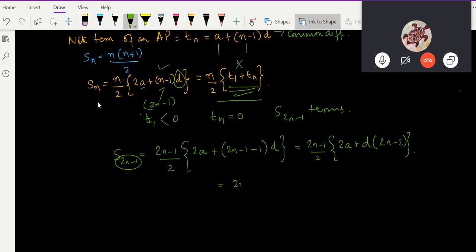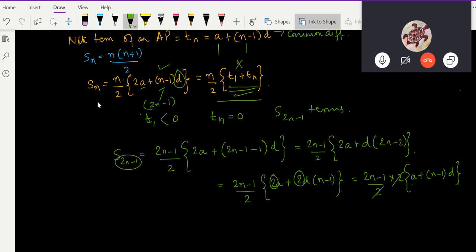This can be written as (2n minus 1) by 2 into [2a plus 2d into (n minus 1)]. I take the 2 common from both terms: 2 into [a plus (n minus 1) into d].